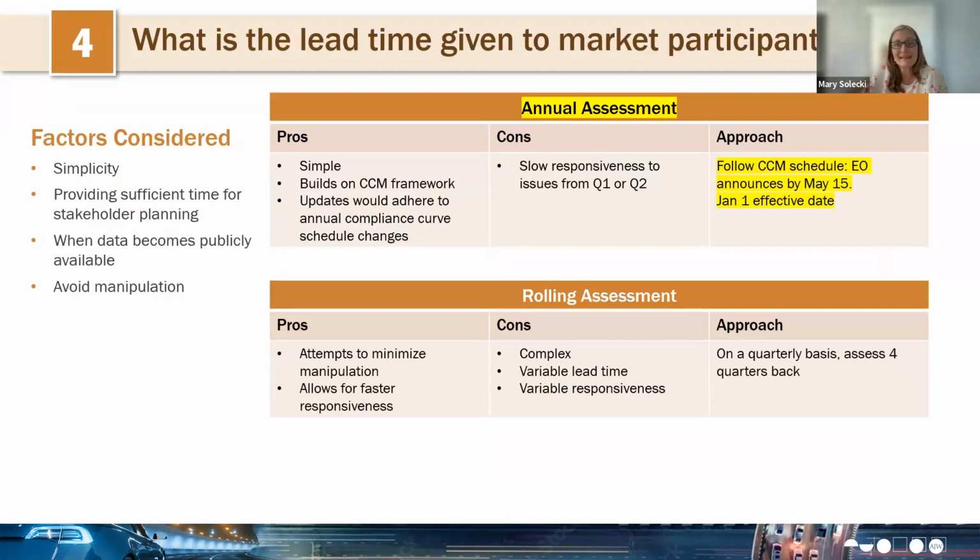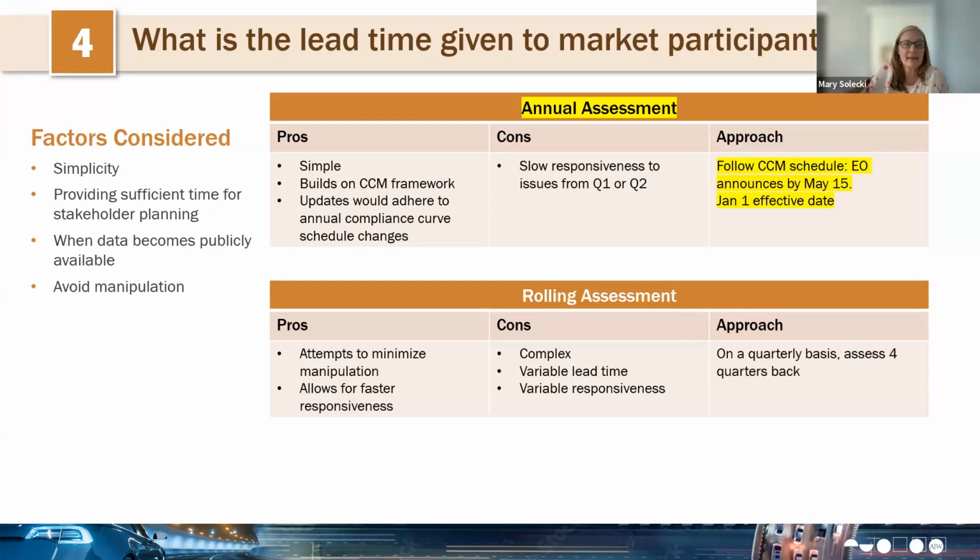We considered when data would become publicly available to the market, simplicity, and how to make this as responsive as possible. The buckets of approaches here were the annual assessment versus a rolling assessment.